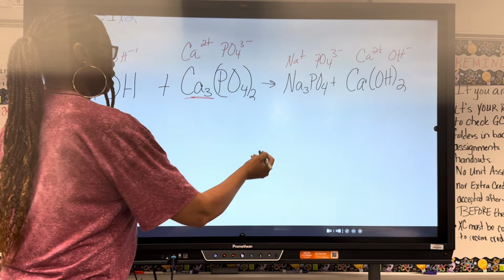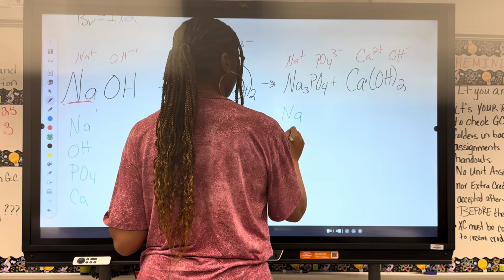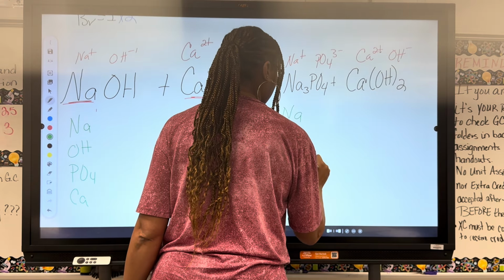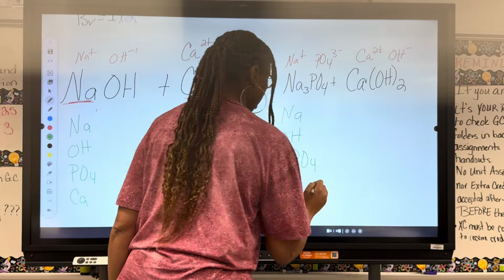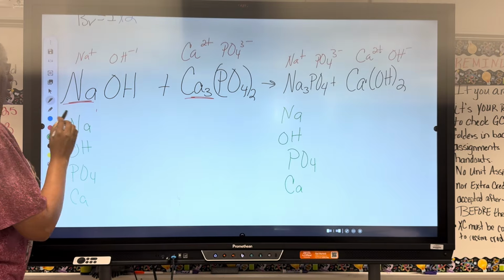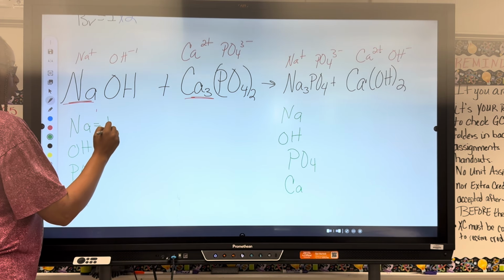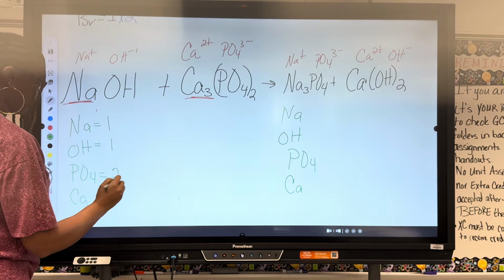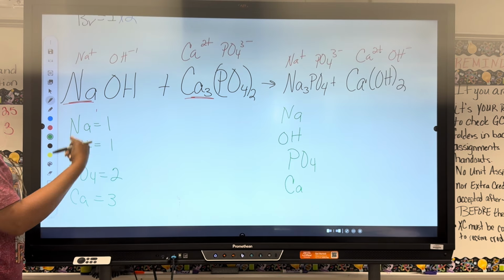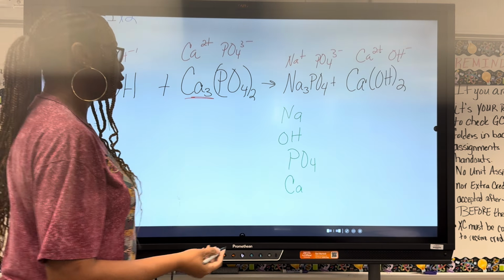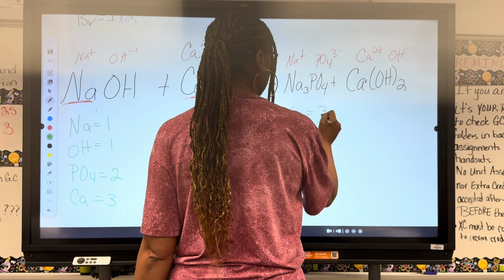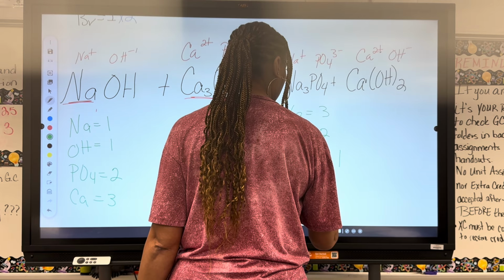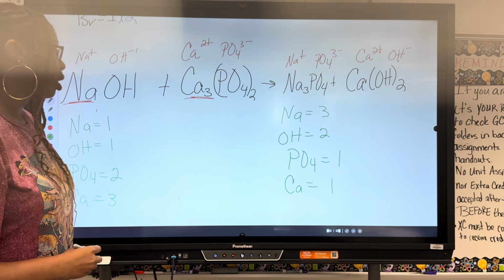Okay, so again, sodium hydroxide, my phosphate, and my calcium. I'm going to treat them each as individual things. So there's one sodium, there's one hydroxide, there's two phosphates, and three calciums on this side. If I come over here, there's three sodiums, two hydroxides, one phosphate, and one calcium.